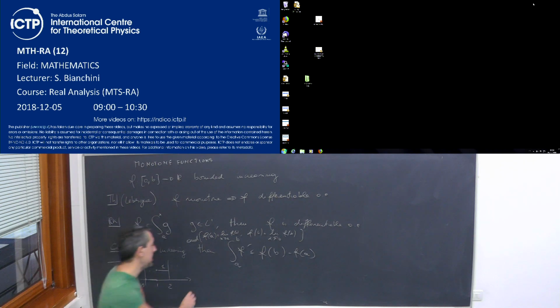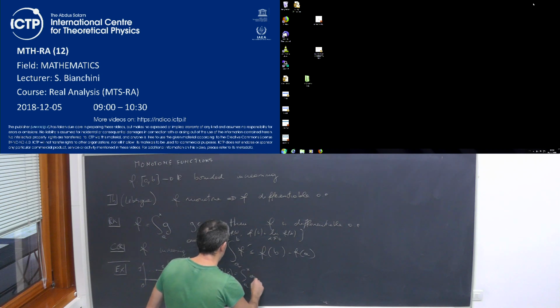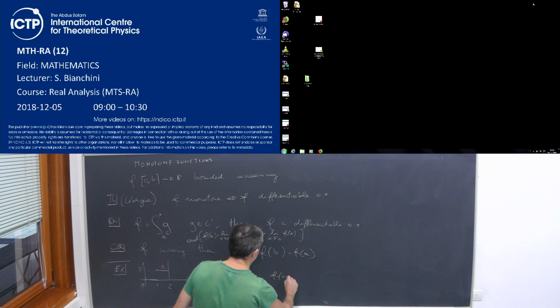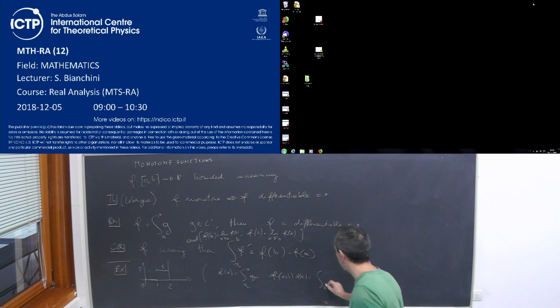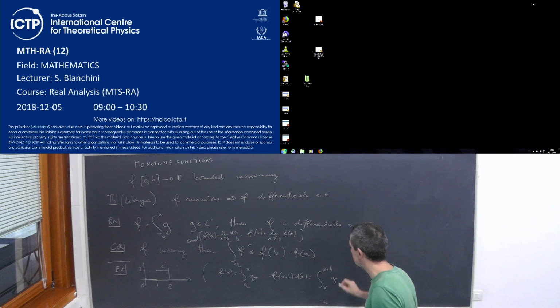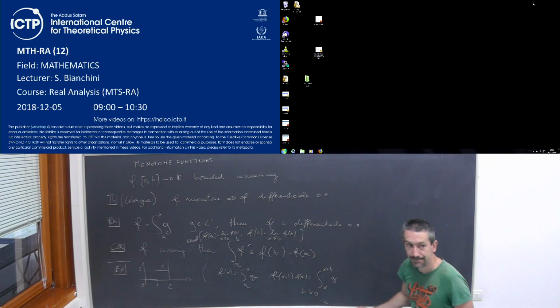Well, if it is an integral, so remember f of x is the integral of g, then I have f of x plus h minus f of x is the integral from x to x plus h of g. And so when h tends to 0, what do I discover?